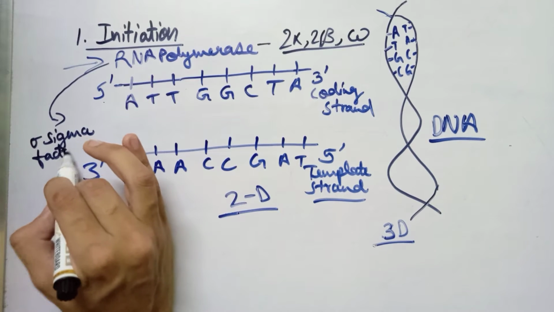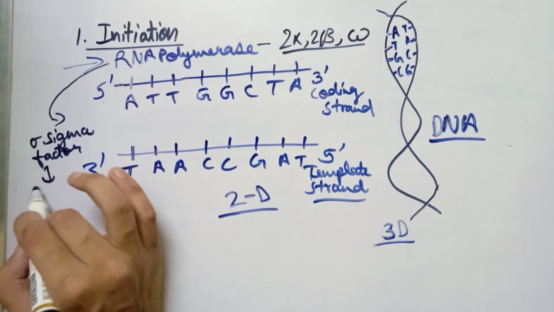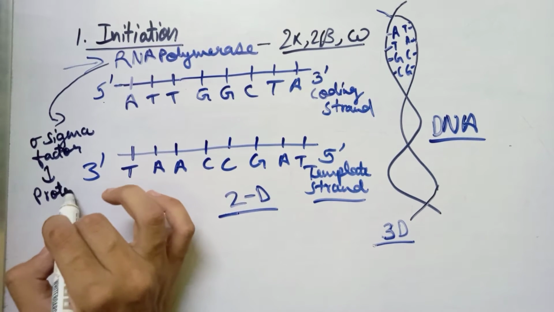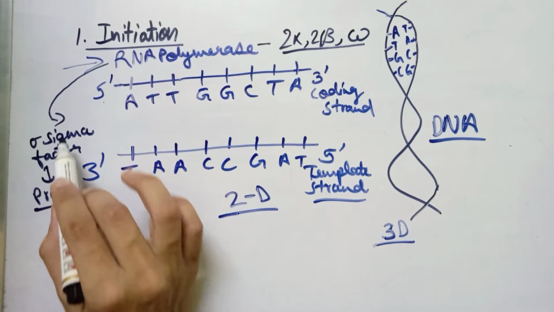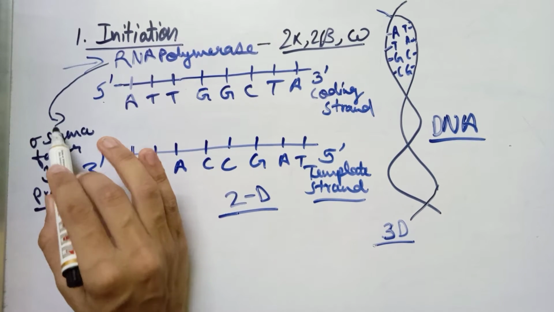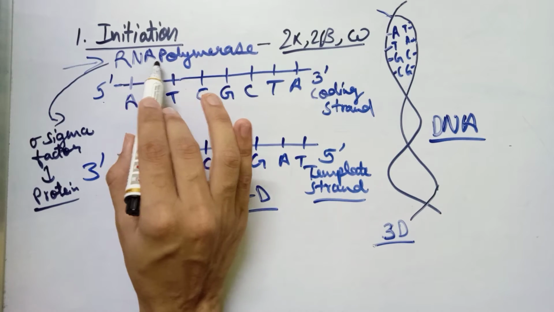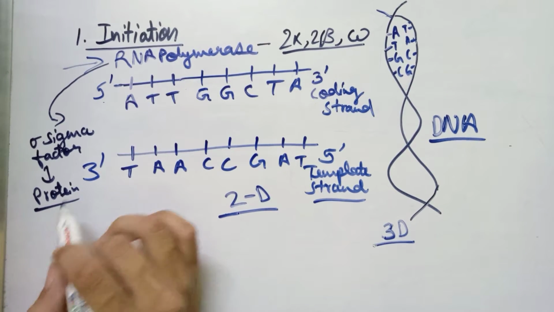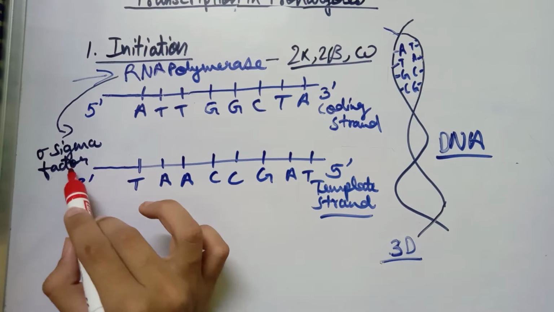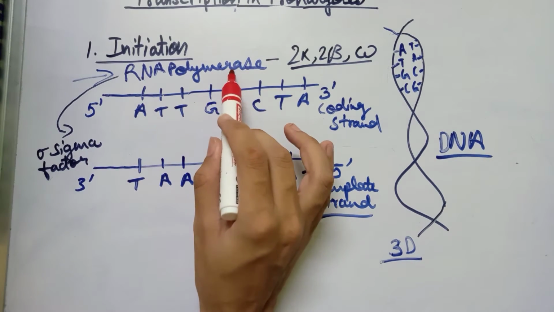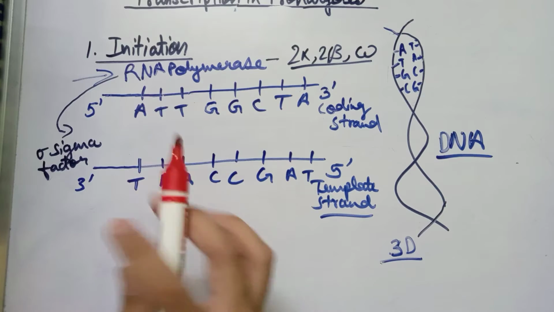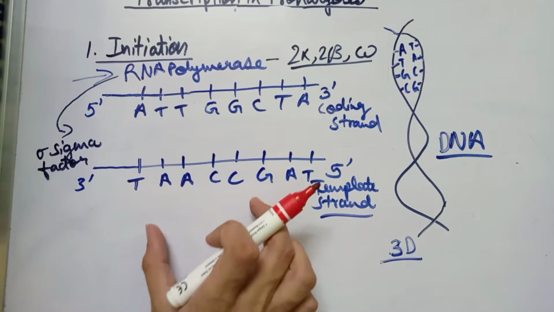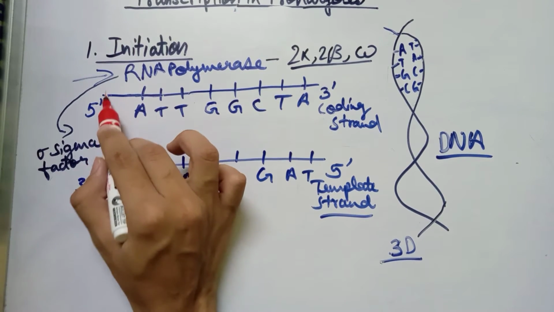The sigma factor is basically a protein which is present in the cells of these prokaryotes, and this sigma factor gets attached to one of the subunits of the RNA polymerase. This sigma factor helps the RNA polymerase find a particular region in this double stranded DNA, which is known as the promoter.